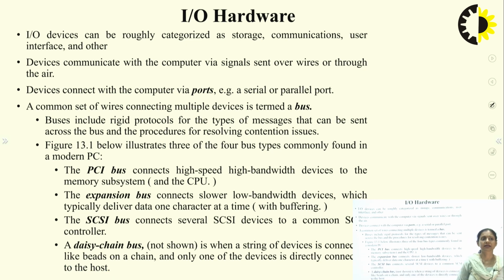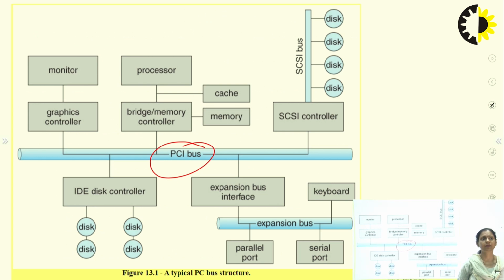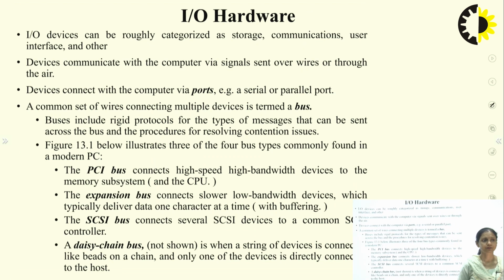The next one is the expansion bus, which connects the slower or low bandwidth devices which typically deliver data one character at a time, maybe with buffering. So we have the expansion bus interface over here which connects the low bandwidth devices, like the keyboard. Then we have the SCSI bus which connects several SCSI devices to a common SCSI controller.